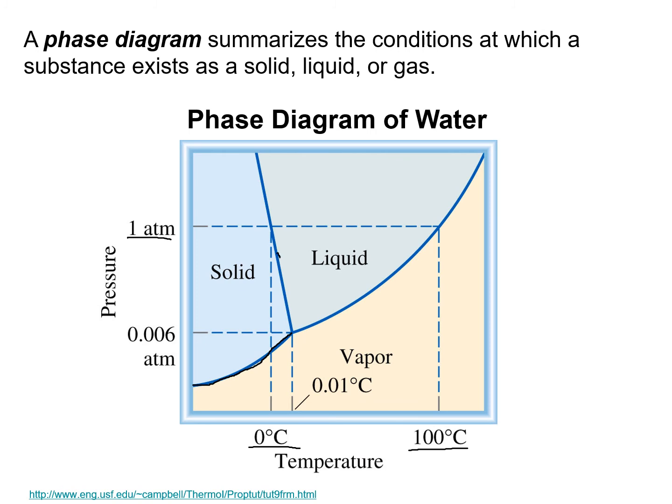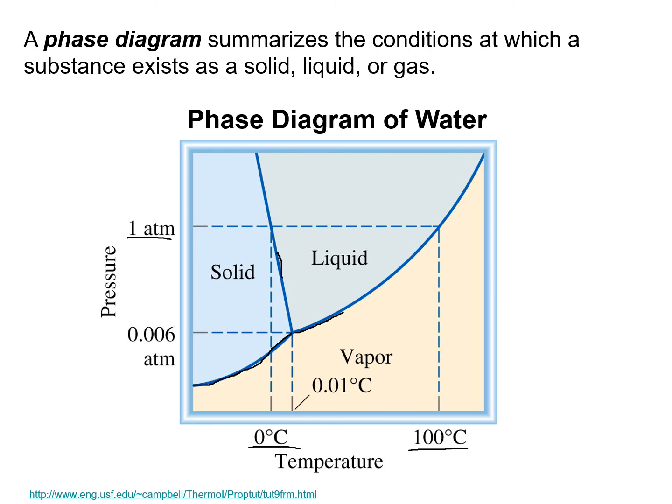This part of the curve is between solid and liquid, and this is the equilibrium between liquid and vapor at a particular temperature and pressure. Within these regions, we have all solid, all liquid, all vapor.